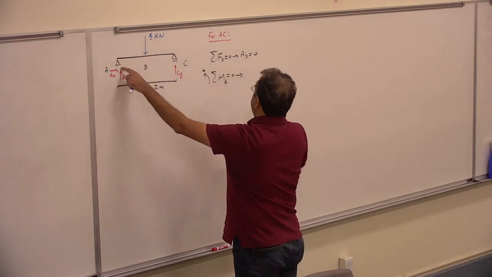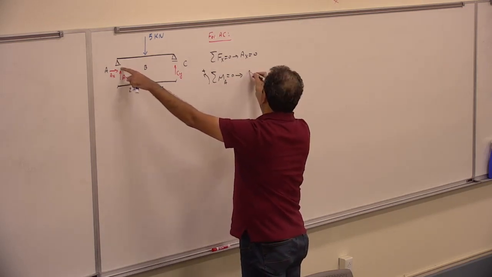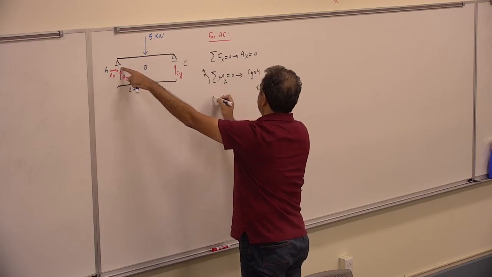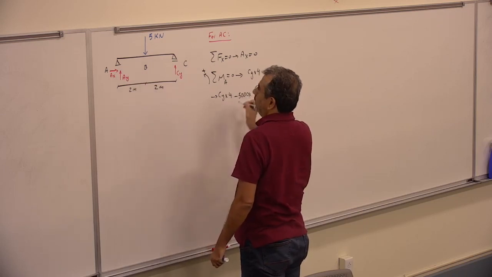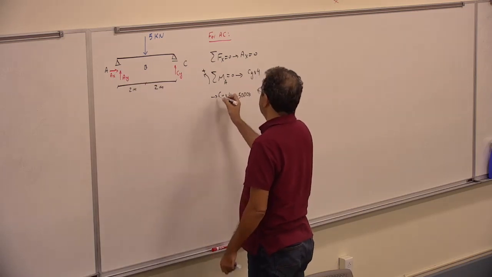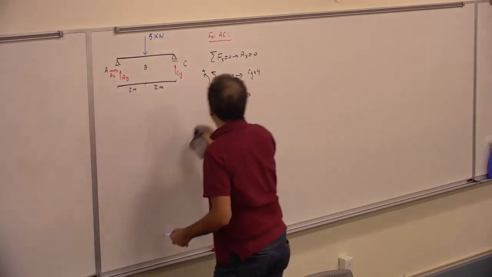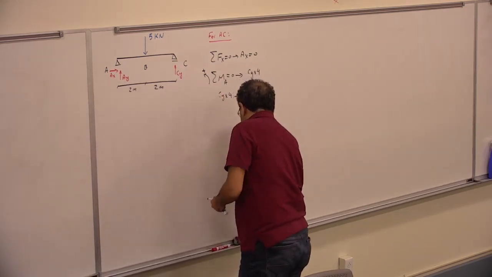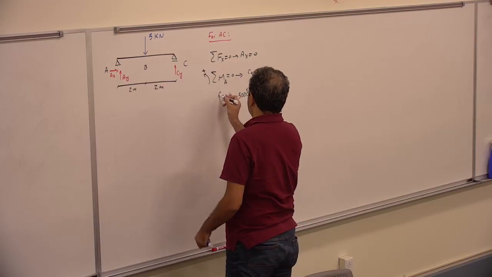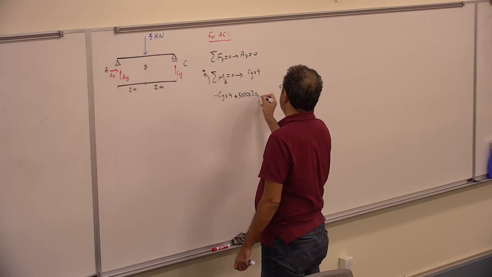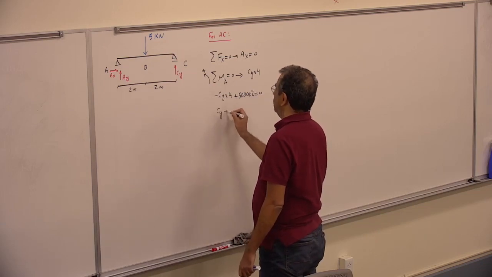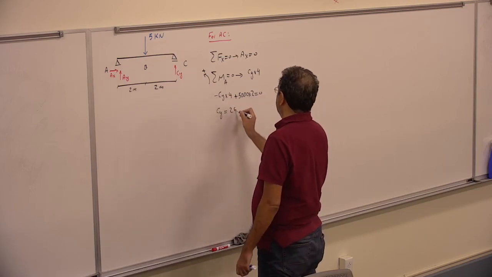I have Cy times 4 minus 5,000 times 2 is 0, so Cy would be 2,500.